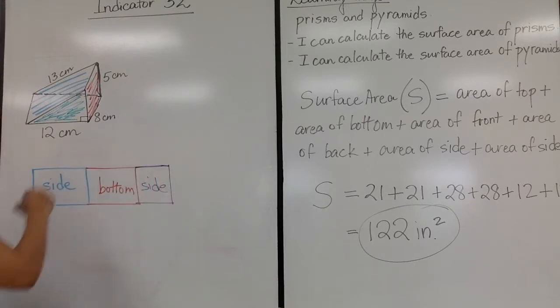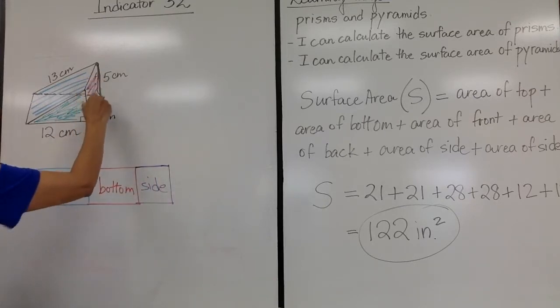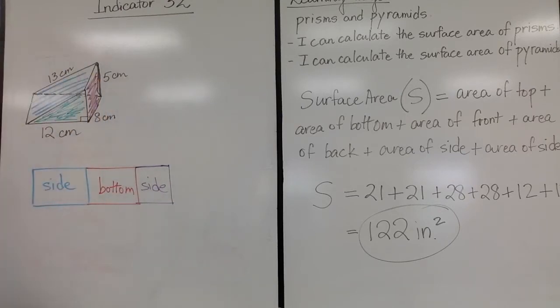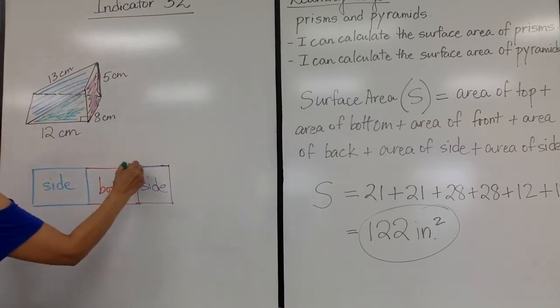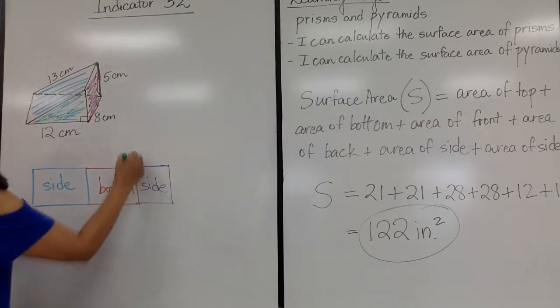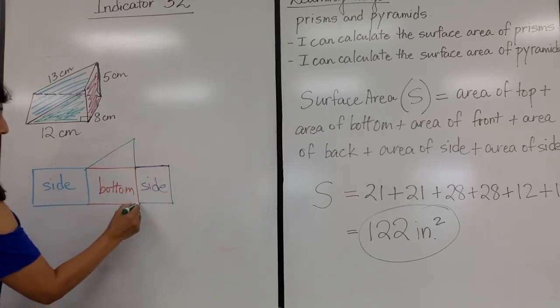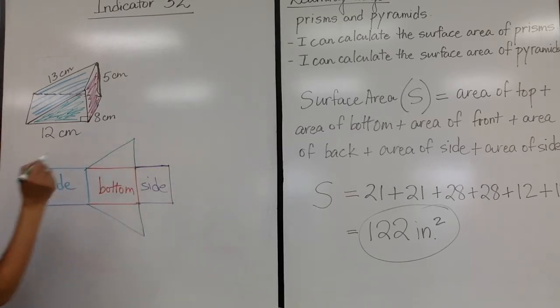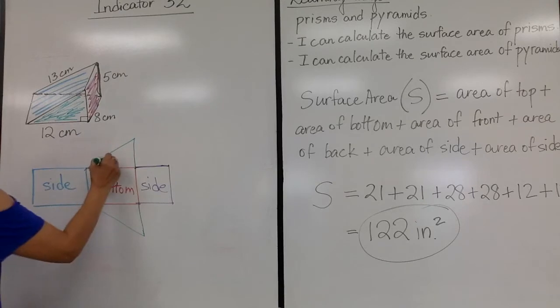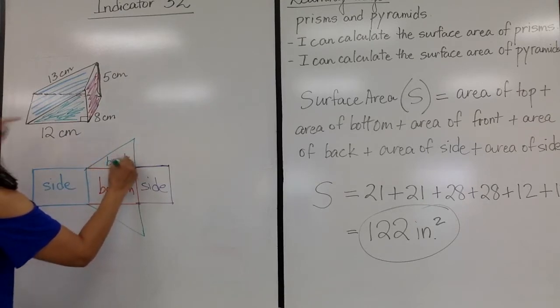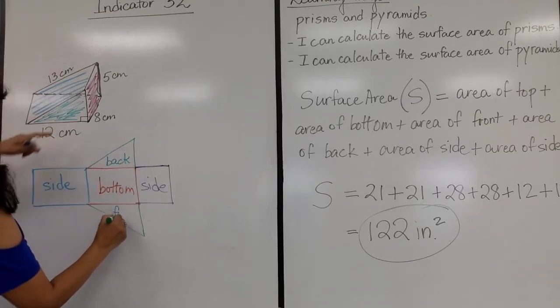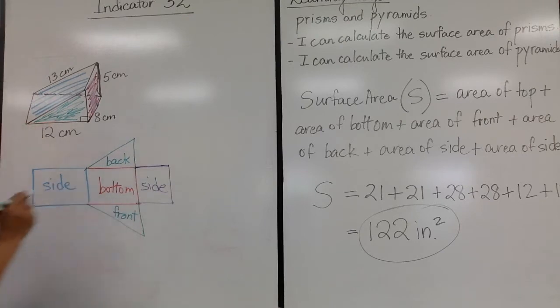Here's another side. Okay, let's just do this so you can see. There you go, solves the problem. Okay, and then I have the back and front, which are triangular. This looks more like an airplane with wings. So this is your back, behind, and then you have the front, which is here.